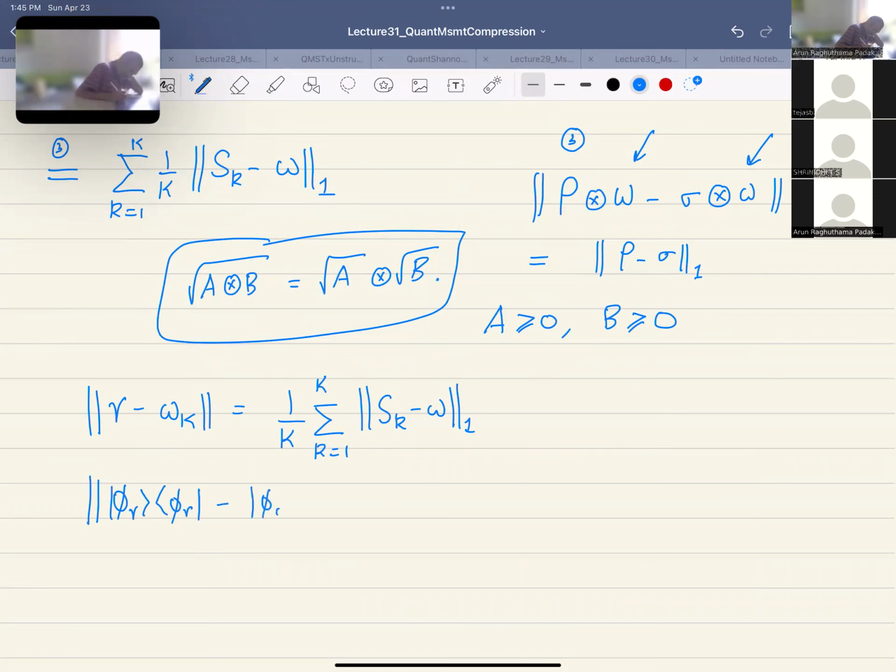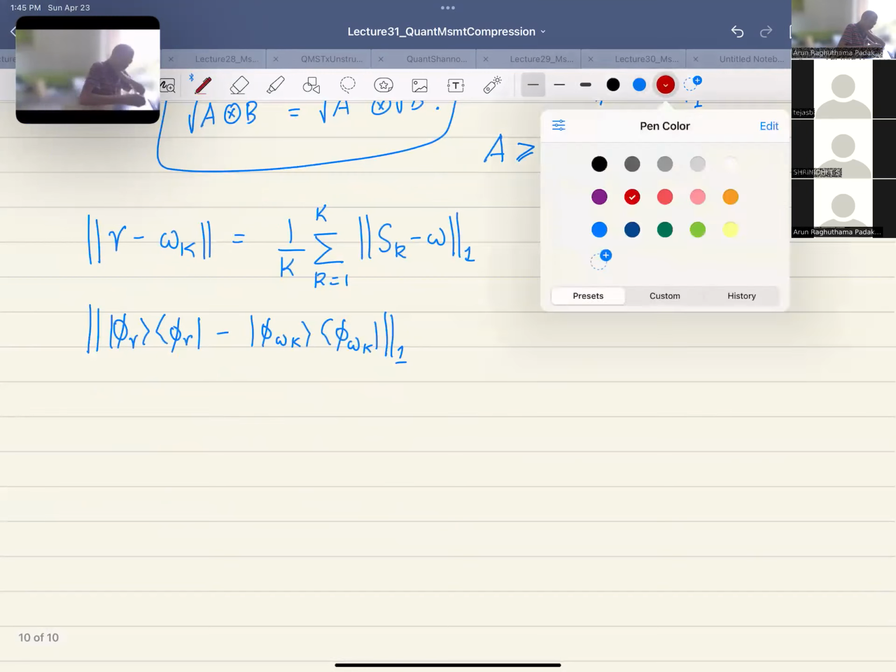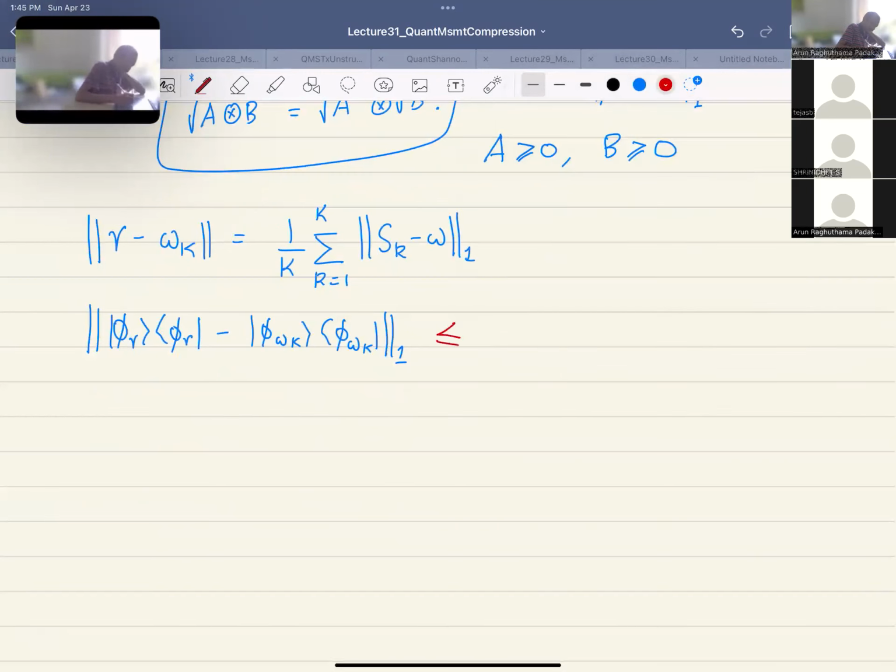But I am after phi gamma minus phi omega k. Right? The question is, can I conclude this? Put a less than equal to because of the triangular inequality.